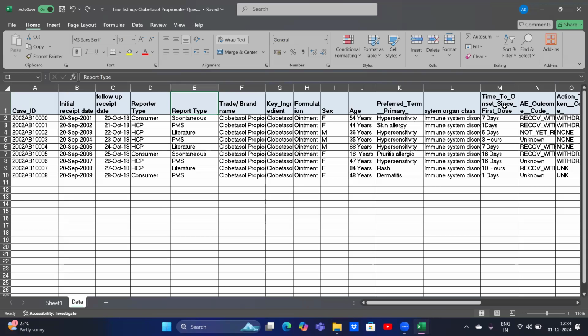Hi, Amit. Yeah, tell me. Amit, for the important identified risk, we know that we have an established causality. So still we will write the company comments, right? For example, here hypersensitivity we are considering as a risk, and these are the cases we have obtained. All of these are aligned with hypersensitivity only.